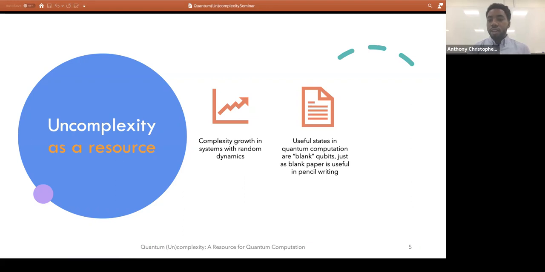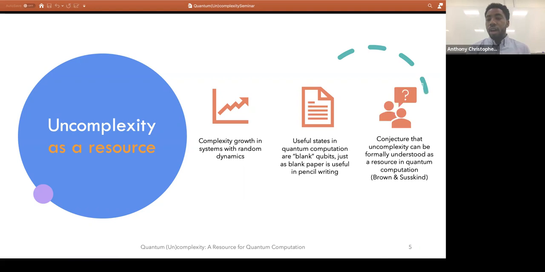And then lastly, going back to the high energy topic that I mentioned previously, there's a conjecture that uncomplexity can be formally understood as a resource in quantum computation. This conjecture was given by an influential paper by Brown and Susskind, and is what has sparked a lot of the interest in complexity and specifically uncomplexity going forward.